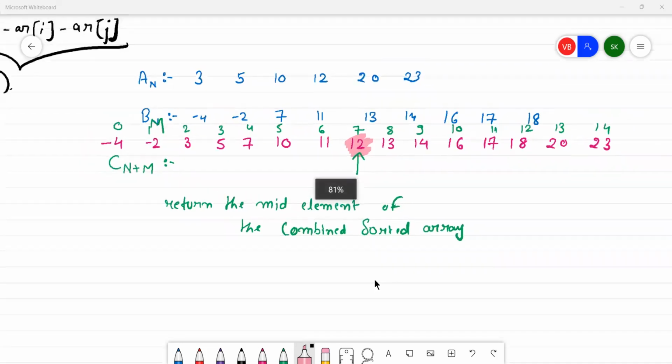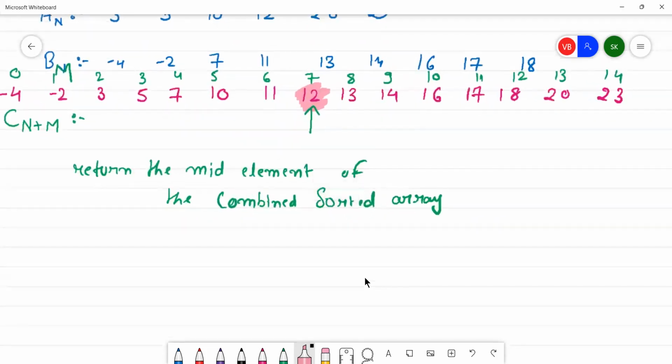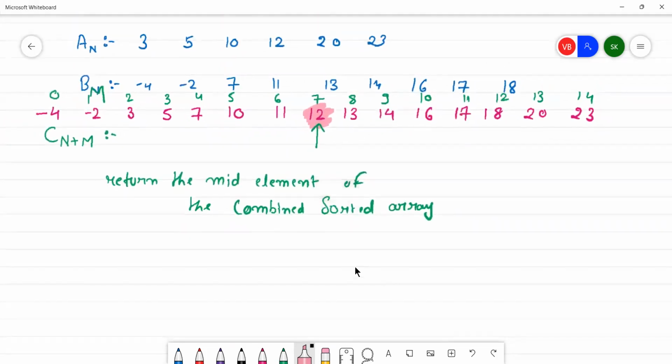Okay, that's great. So can anyone tell me how can we merge these two arrays? You can write down your approach in the chat box.